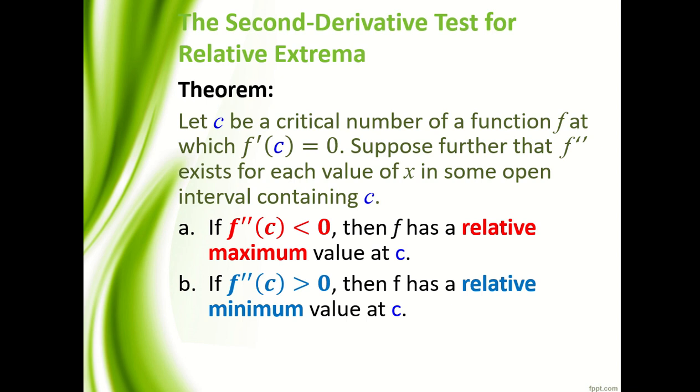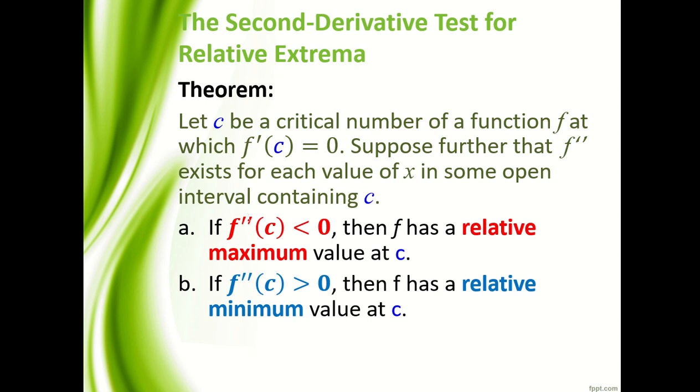So the theorem here: let c be a critical number of a function f at which f prime of c is equal to 0. Then suppose further that f double prime exists for each value of x in some interval containing c. Satisfying this condition, we have this theorem here.